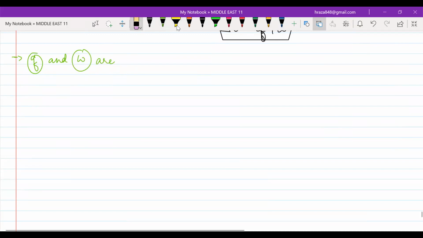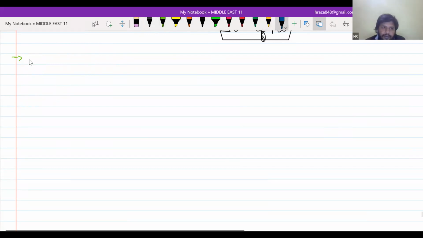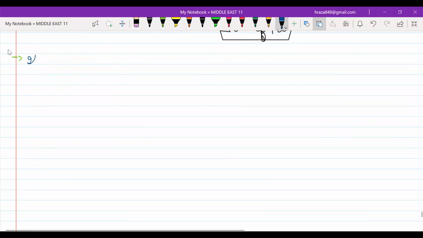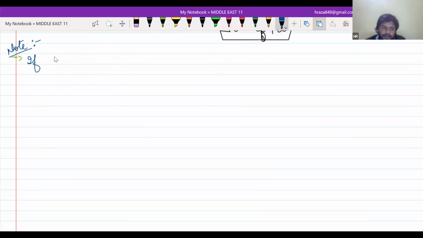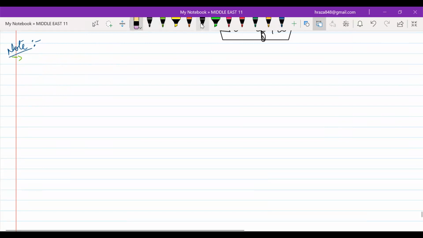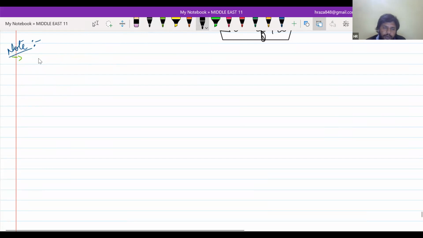I'm going to show you something. Krishna, do you remember what is path function? Yes, sir. Okay, I'm going to write a point note: Q and W are not a state function because they are path functions.